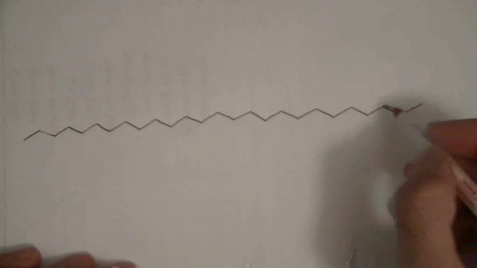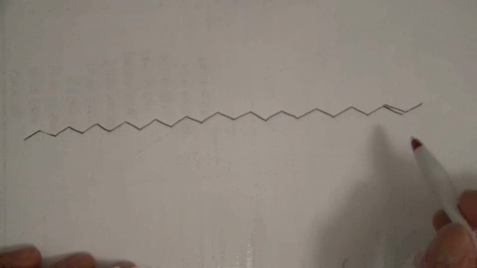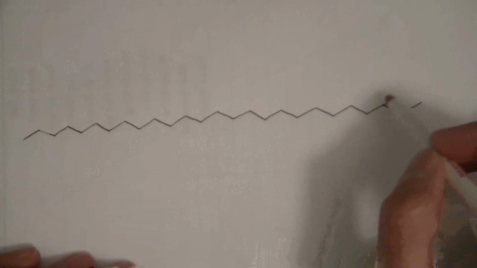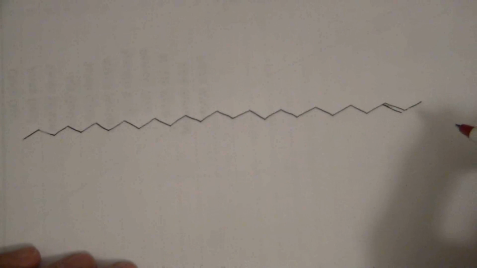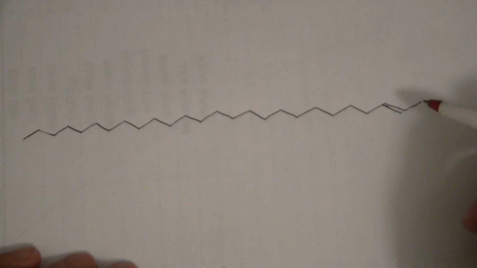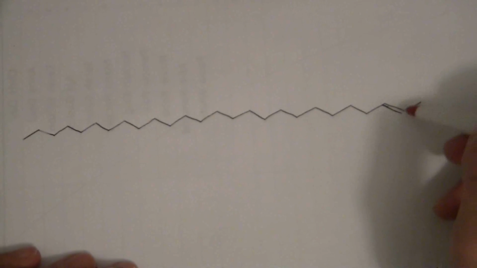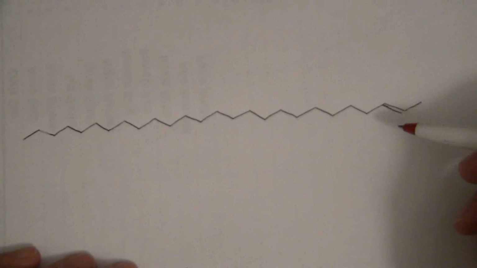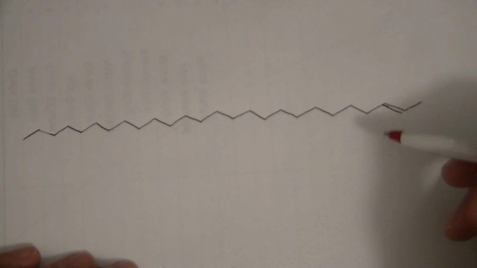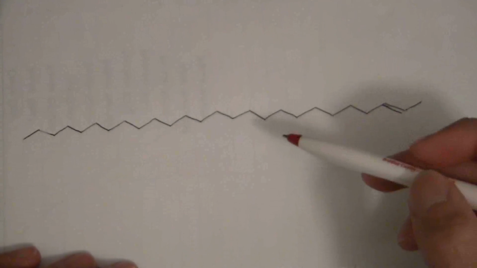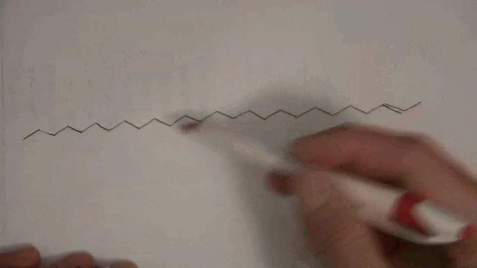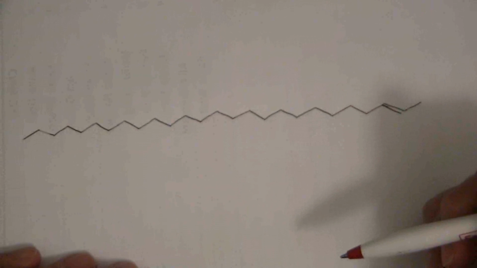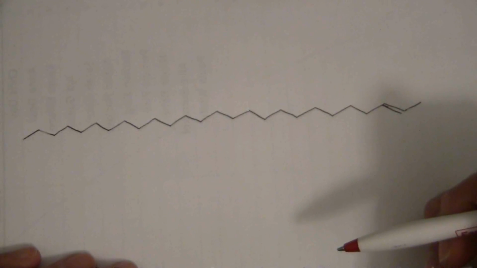By putting that double bond there, I have added chemical functionality to this molecule. So this double bond is now going to react chemically in a different way than this plain old alkane part of the molecule will react.